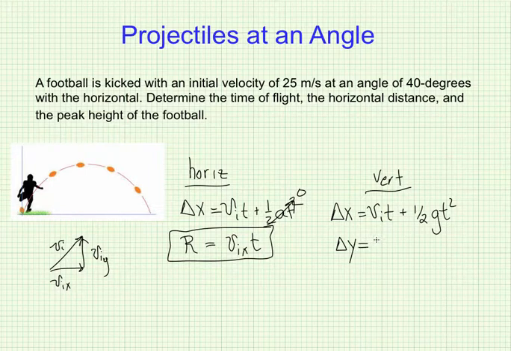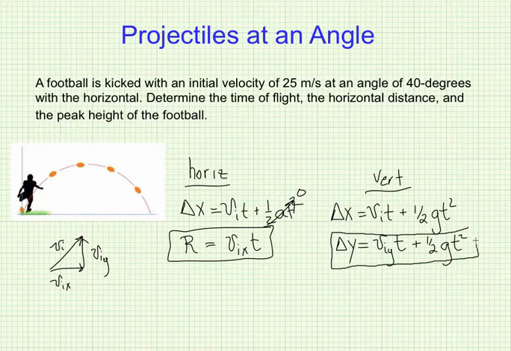I want the initial velocity that's in the y direction, because I'm only focusing on the vertical here, times t plus 1/2 gt squared. When you did the problems with the horizontal launch, remember we were able to cancel that term out, and now we can't. So let's take a look at this problem.